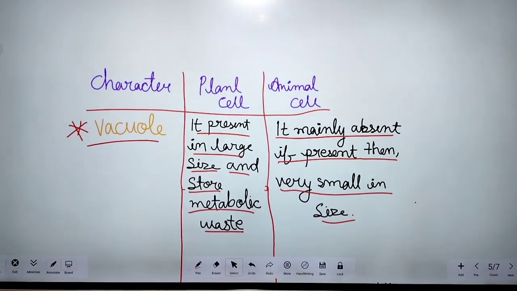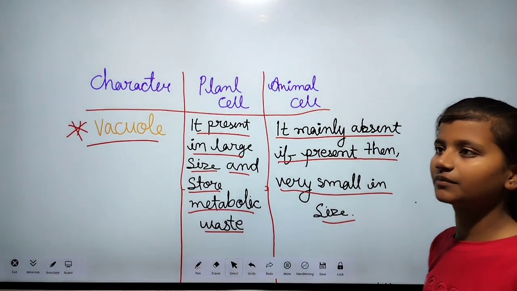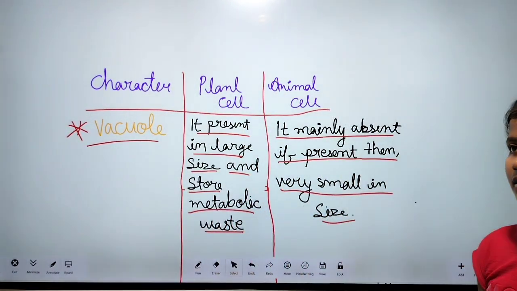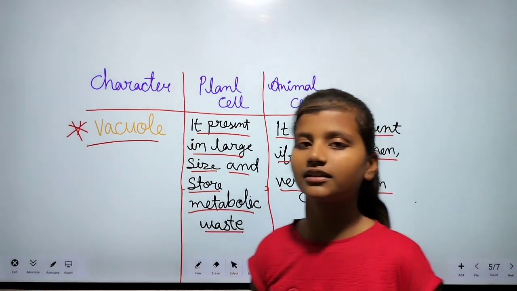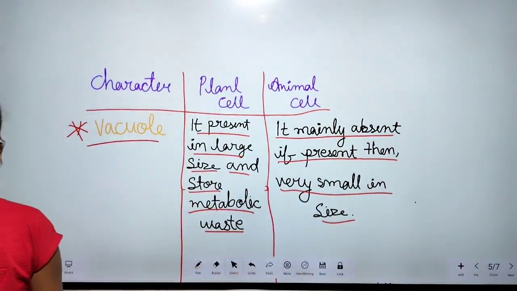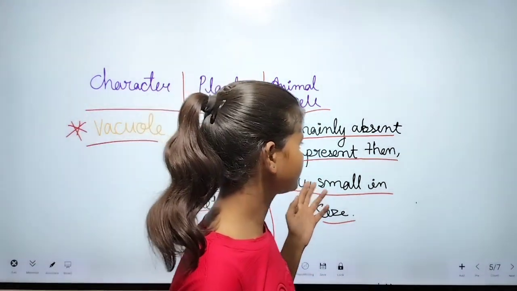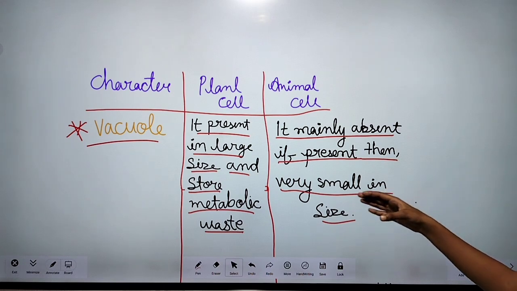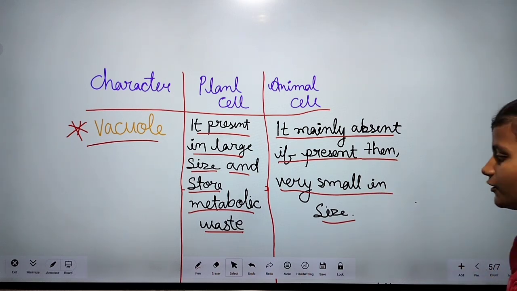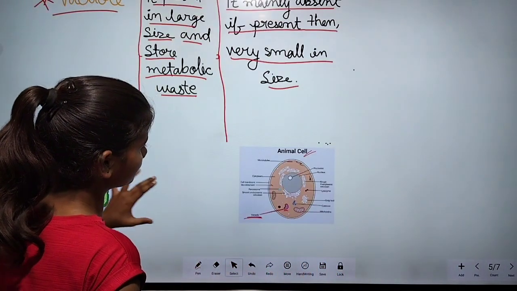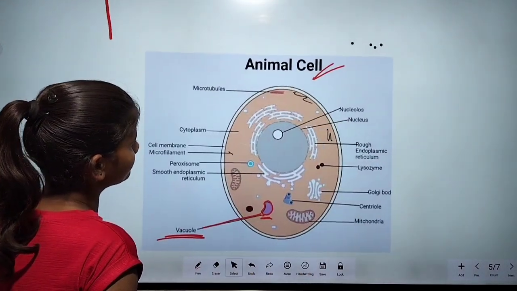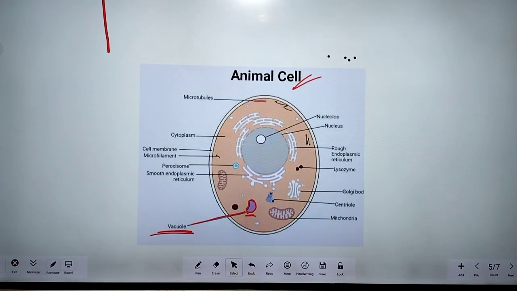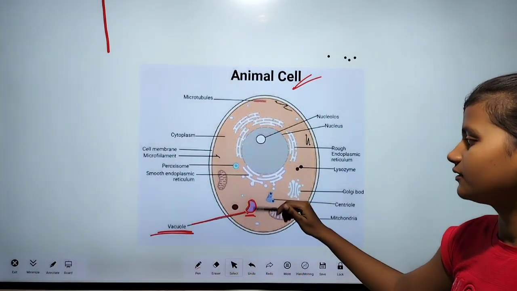In almost all animals vacuole is absent, but in some animals vacuoles are present, and if present then they are very small in size. You can see in the figure also. Mainly vacuole is absent in animal cell, but if it is present then it is very small in size.